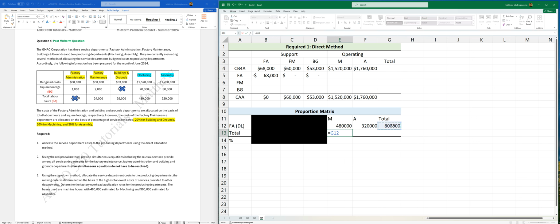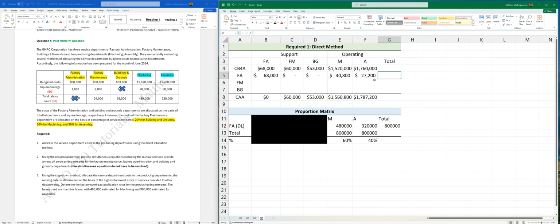Then we do equals that, and last but not least, this divided by this, 60% and 40%. That is our first allocation here. So for machining, equals minus this times 60, and equals minus this times 40.